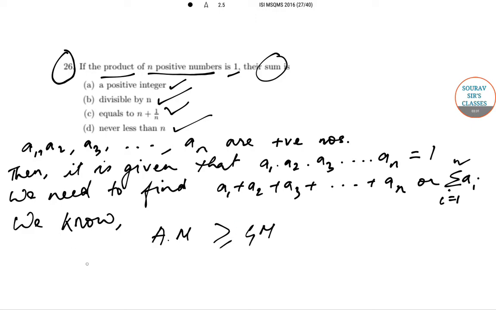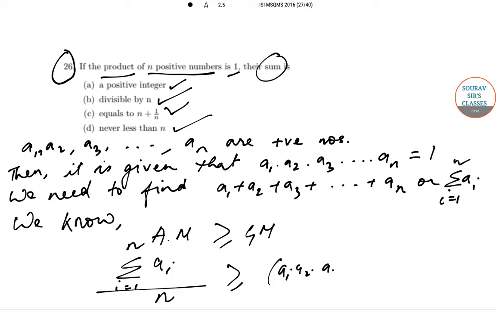So in this case, summation of ai, where i goes from 1 to n, upon n, is greater than or equal to a1, a2, a3 up till an to the power 1 by n. Let me use the space below.